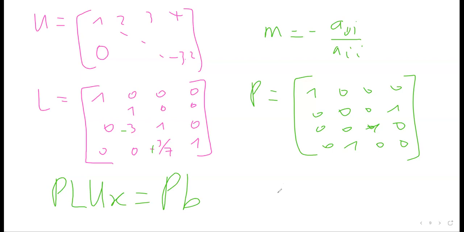So what will be the Y? What will our Y be now? Shall we have to solve LY equals PB first?